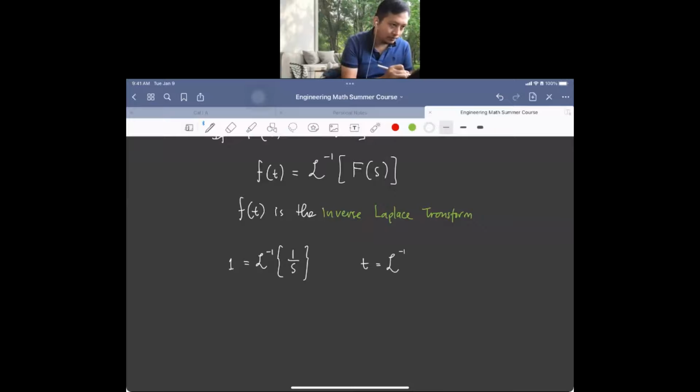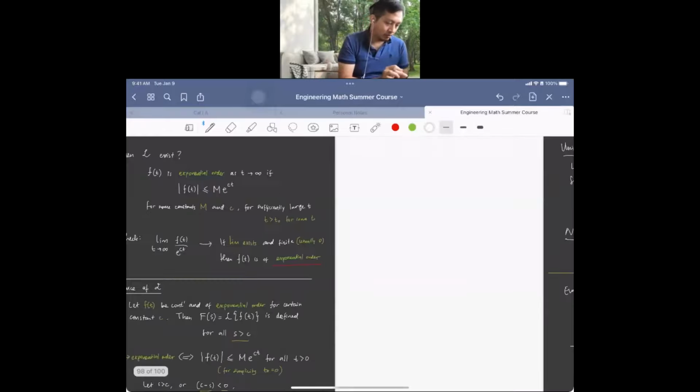Or t is the inverse Laplace transform of 1 over s squared. So we could have another table that sets up the Laplace and the inverse.